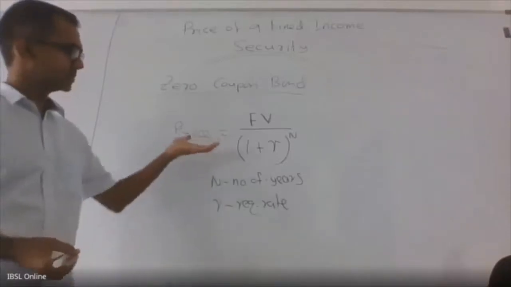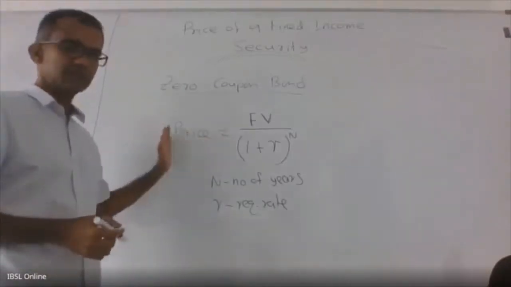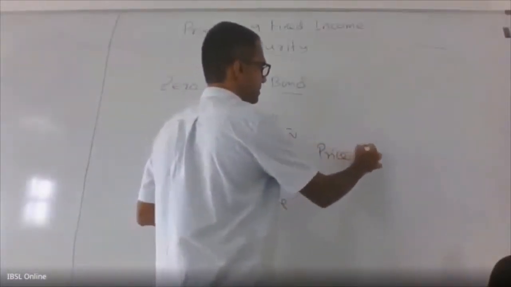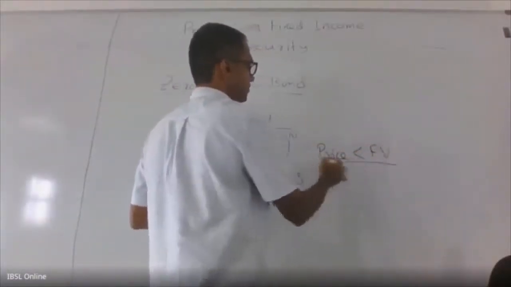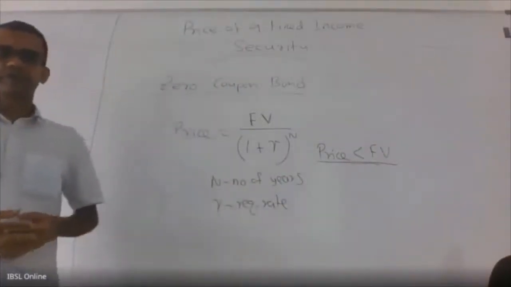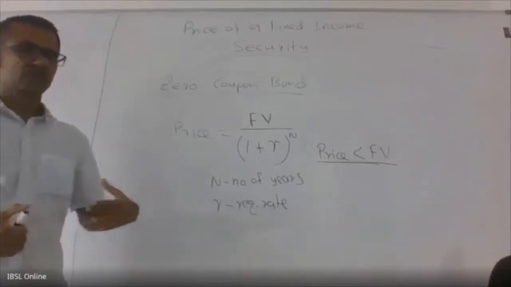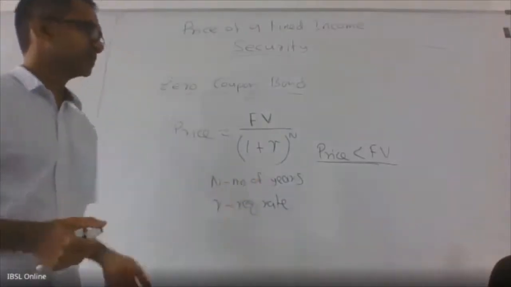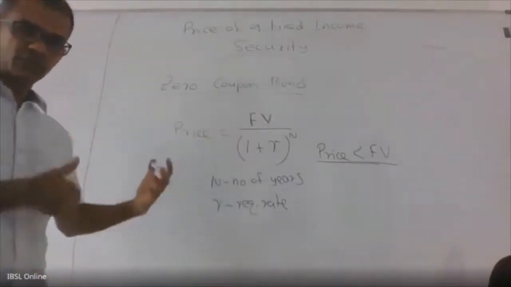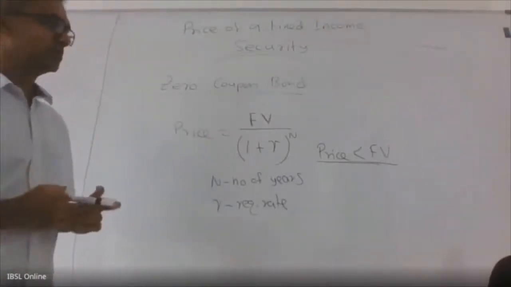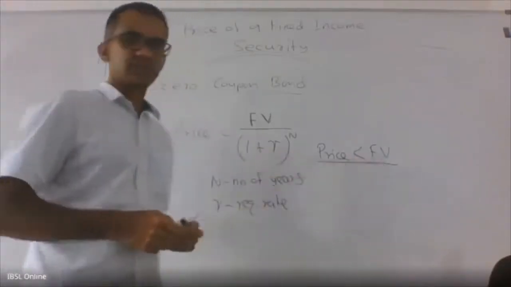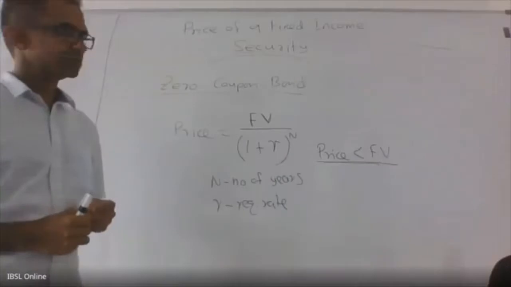So definitely the price is less than face value because this is a discounted product. There are no interim cash flows. You get only the face value at the maturity date. So therefore you want to buy it at a lower price than the amount that you get. Clear?